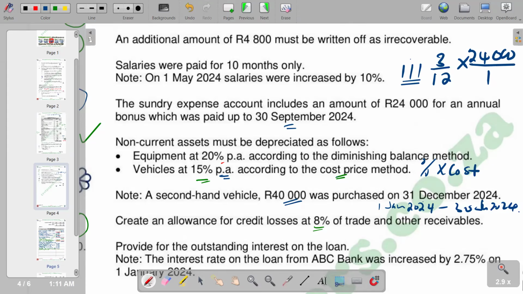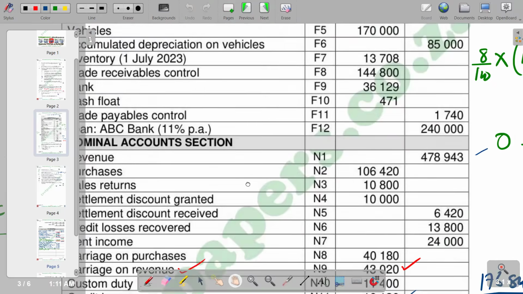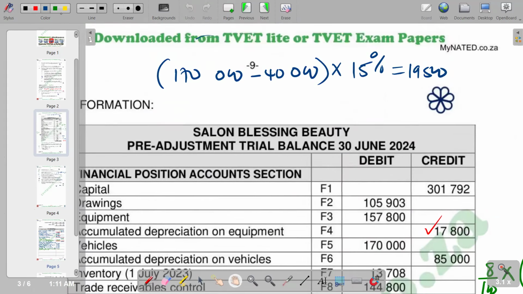So we are saying 40,000 times 15% times 6 over 12. So we calculate as such and see that you're going to get your answer as 3,000.